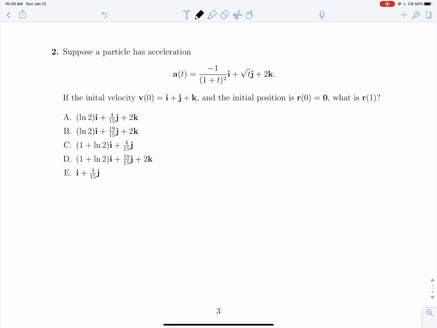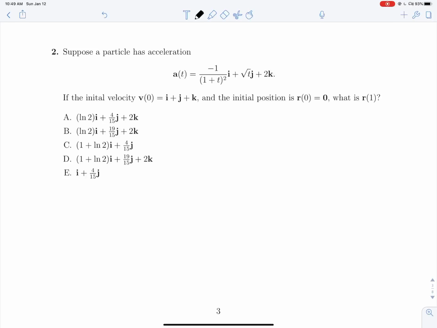So a particle has an acceleration given by that a of t expression there, and some initial velocities and positions, and we're told to find r of 1. It doesn't matter that this is a vector valued function. We can just treat every component individually. To get from our acceleration expression to our velocity expression, we need to integrate every component of a of t and then adjust things to match our initial velocity.